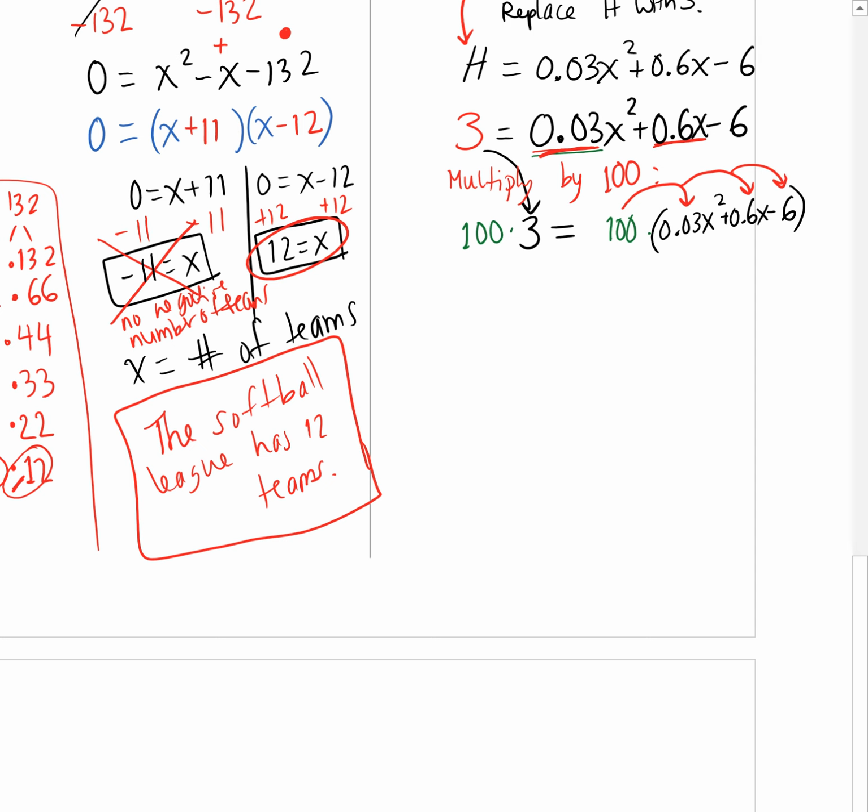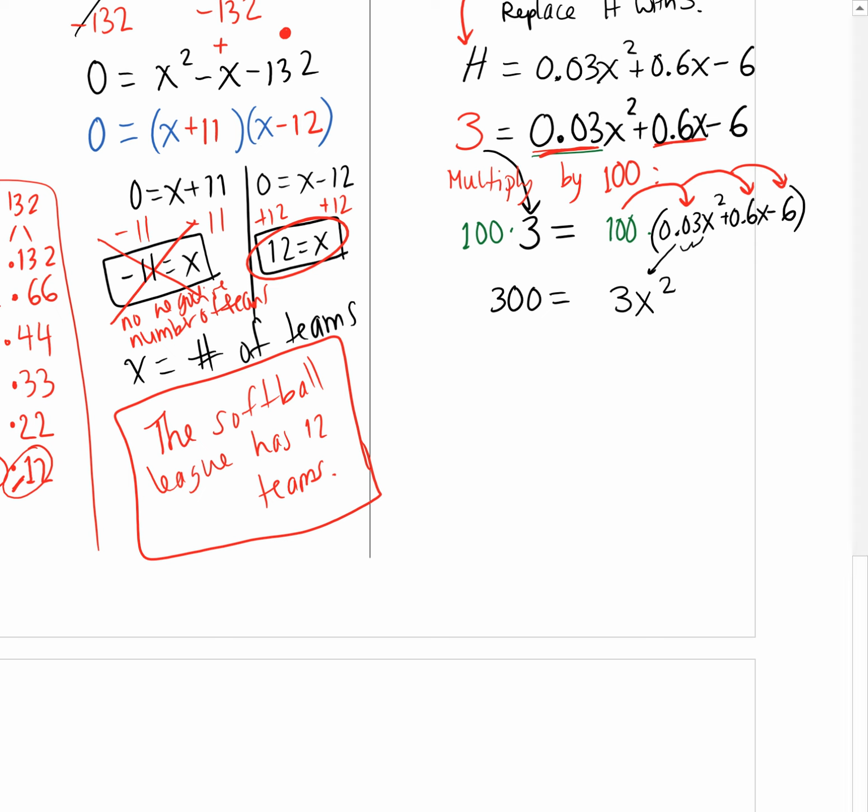100 times 3 is 300. On the right side, we designed it so that this 100 moves the decimal to the right twice. That'll make that term just 3x squared, because if you move the decimal on 0.03 to the right twice, it lands to the right of the 3, which means it's just the whole number 3.